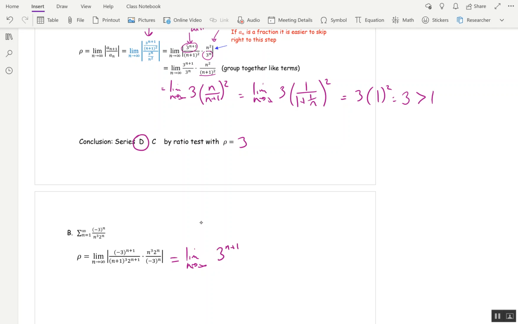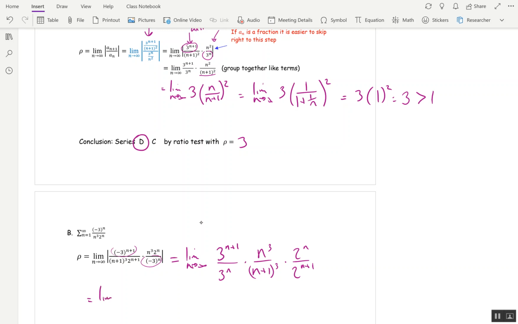All right, and then I'm going to group that with its like term downstairs, 3 to the n. Then I'm going to group the n cubed over the n plus 1 cubed. And then I've got the 2's. So I've got a 2 to the n over 2 to the n plus 1.